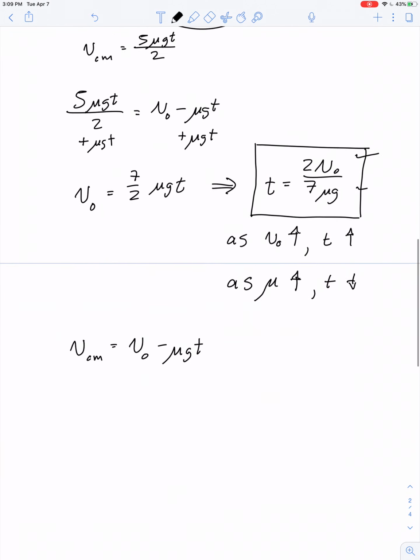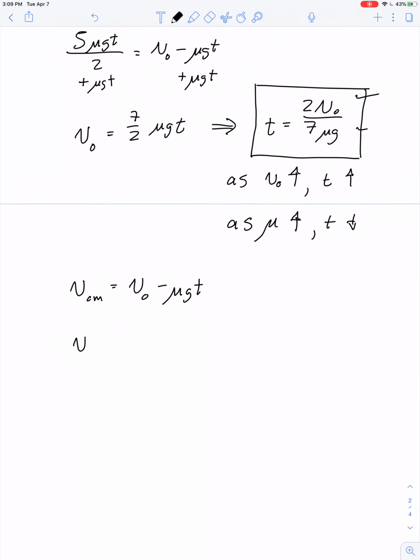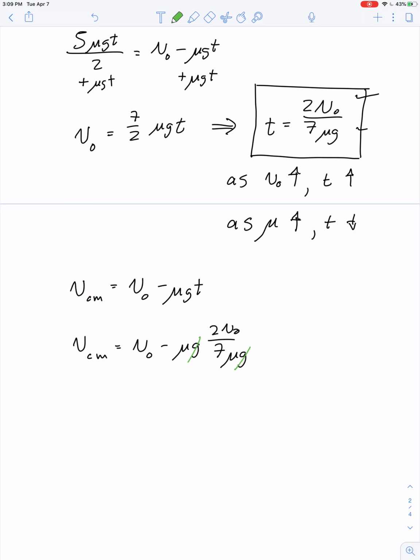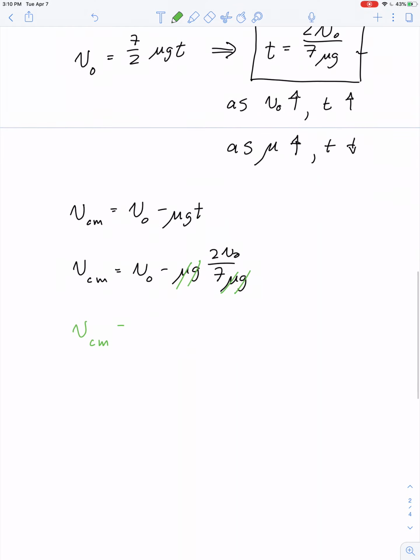But now we know what t is equal to, so we make the substitution, and the velocity of the center of mass is v naught minus mu g times 2 v naught over 7 mu g. So I find this interesting that not only does the g cancel out, but so does mu. So we end up with an expression that the velocity of center of mass by the time you've reached point B down the lane is the initial speed minus 2/7 of the initial speed.